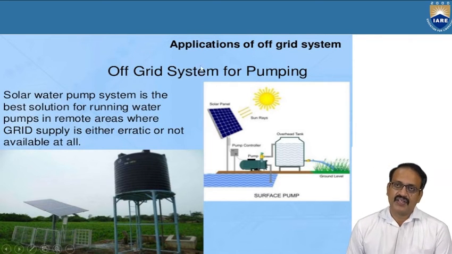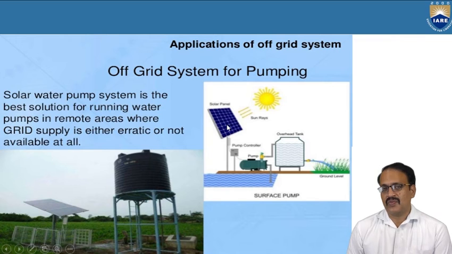You can observe here, this is the panel. It absorbs the sunlight, working with the photovoltaic effect, and these PN junctions are producing the power, and with that power the motor is functioning.